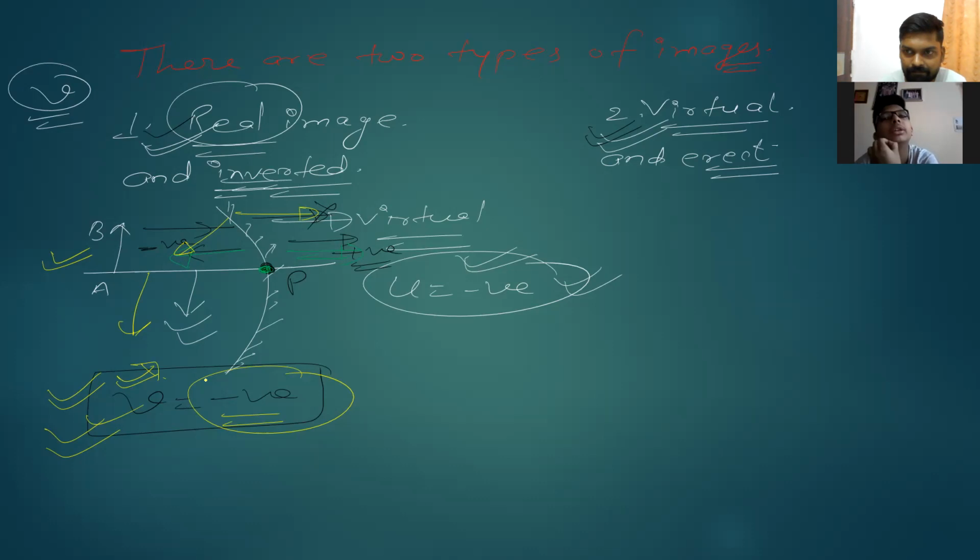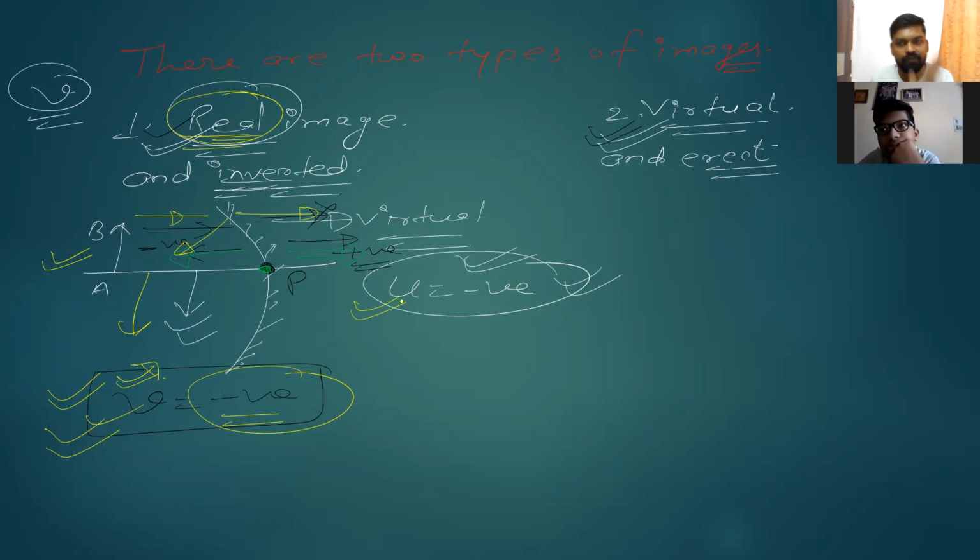So can you explain once again? Okay. Listen. We are talking about real image. Light is incidenting on the mirror from the left side. So U will be negative. All the distances of left side will be negative.